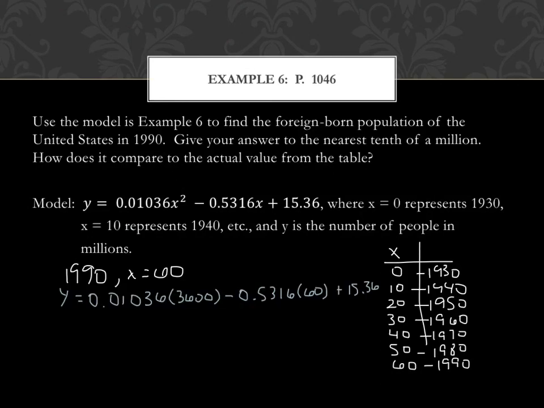So plugging 60 into x in the equation gives us y equals 0.01036 times 60 squared, which is 3600, minus 0.5316 times 60 plus 15.36.